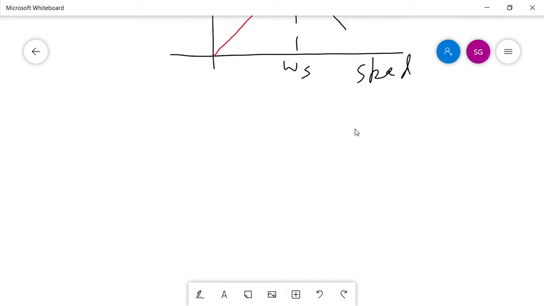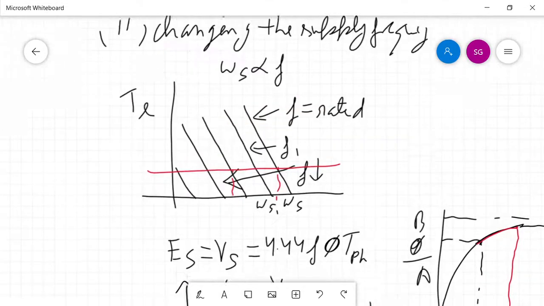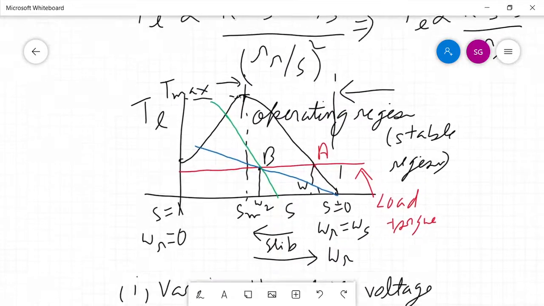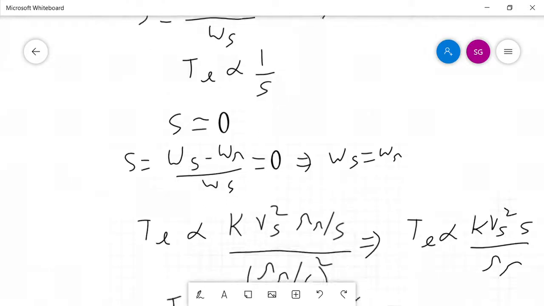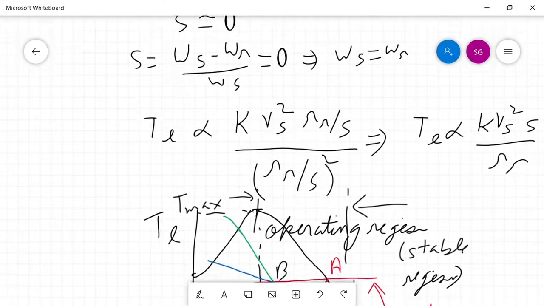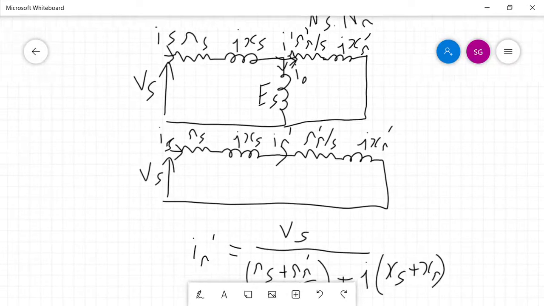So what happened? We should see our torque expression, the electromagnetic torque generated by induction motor. Let us see first of all the equivalent circuit.